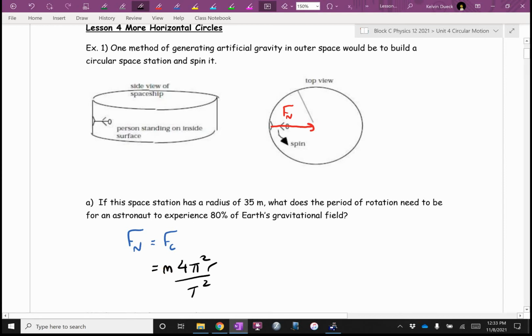That's the force. I don't know the normal force. Or do I? Manraj, what? 80% of Earth's gravitational field. What's your normal? mg. So 0.8 mg.